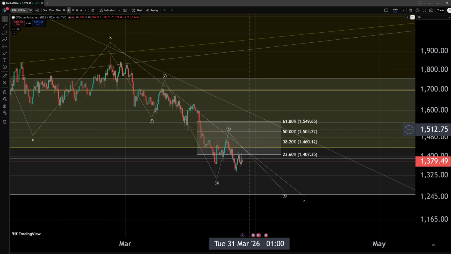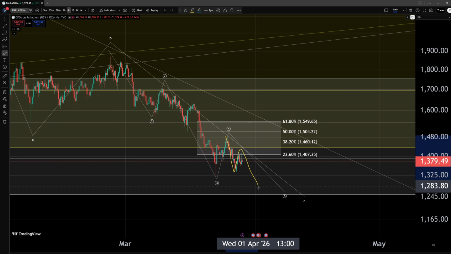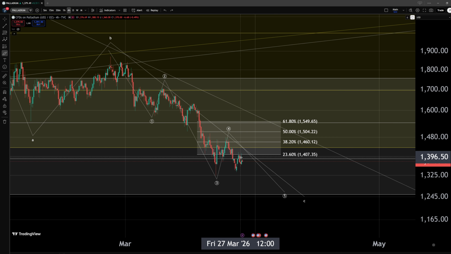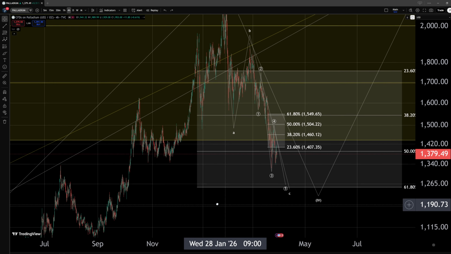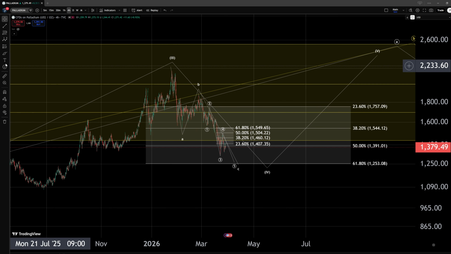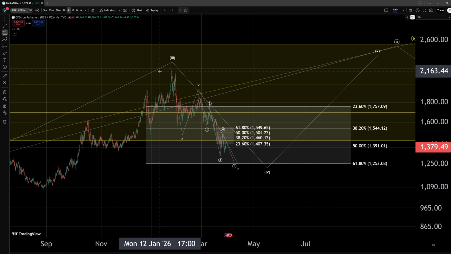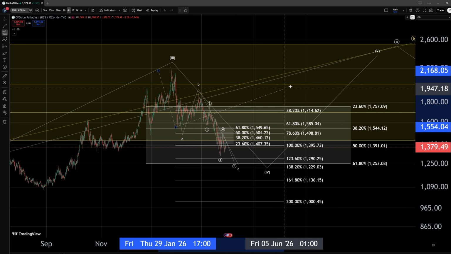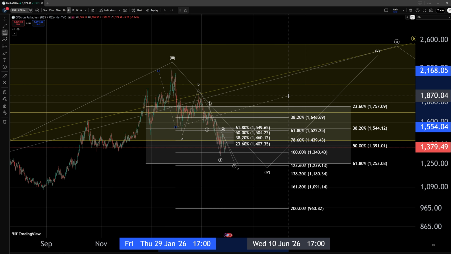I personally wouldn't prefer at this point to still be extending to lower prices within the wave 3, and I would only be looking to build here the ABC pattern within the wave 5, possibly as low as the 61.8% retracement. One last thing we didn't check yet would be the ideal target for the wave C, and that is the 100% extension of the wave A. This sits at $1,340.